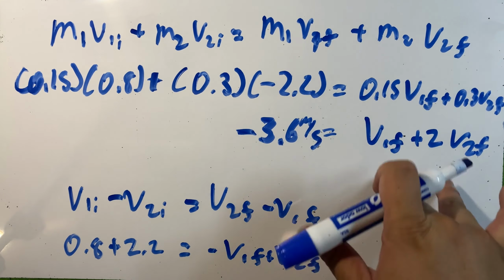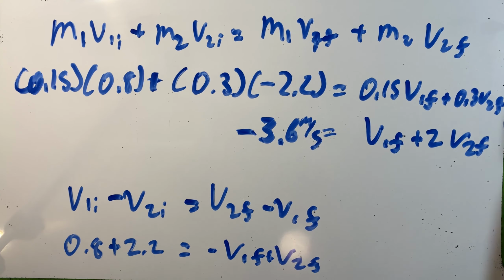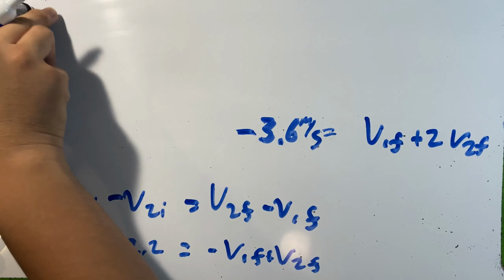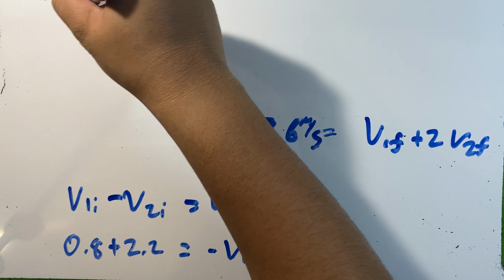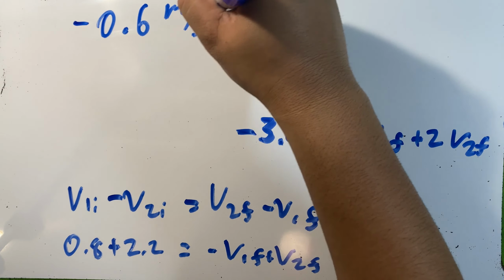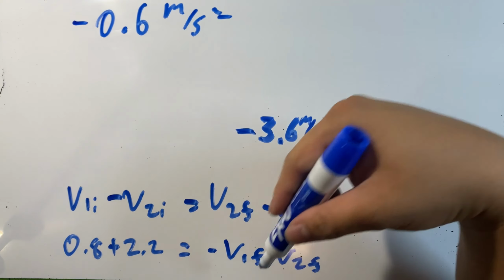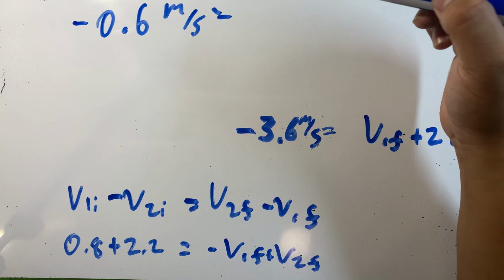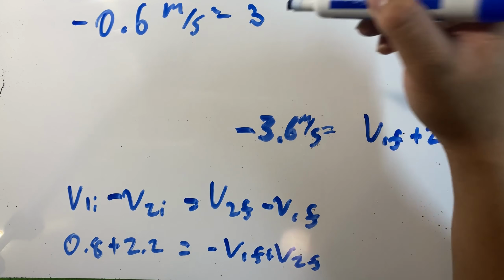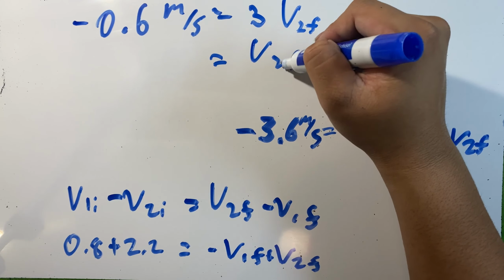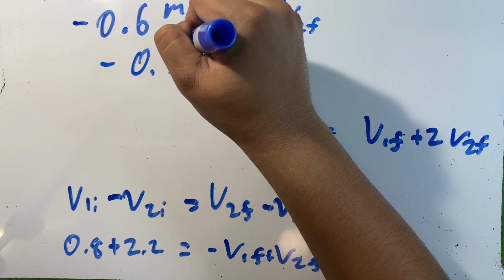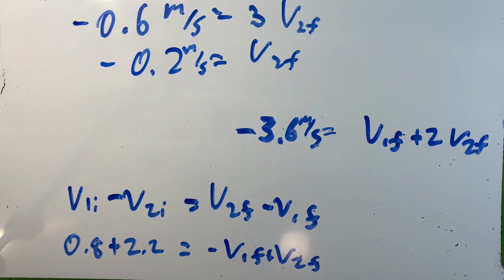Well, we can actually add this to this, and then we'll get ourselves the answer. So if we add it together, it's going to be negative 0.6 meters per second is equal to, v1 final is going to cancel, so it's just going to be 3 v2f. We actually see that v2f is going to be negative 0.2 meters per second.